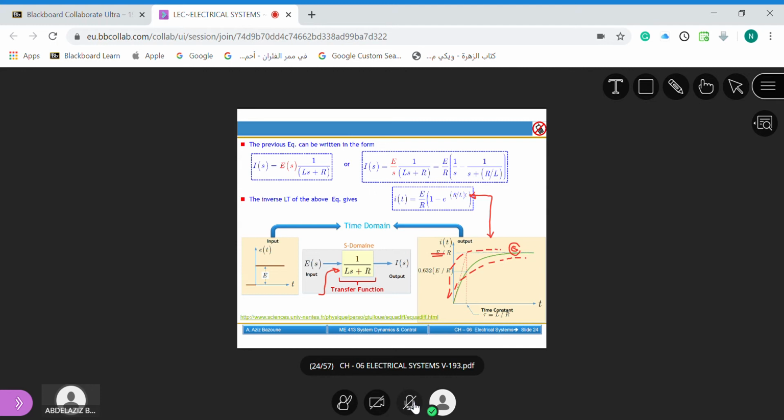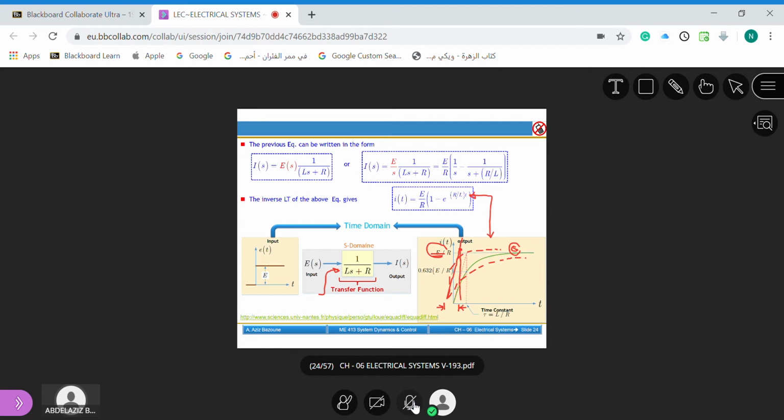To find the time constant, draw a tangent line at the origin. It crosses the final line, or the steady state line, at a point, and from this point you draw a vertical line. The distance from here to here is the time constant, tau, which is the rate of convergence.